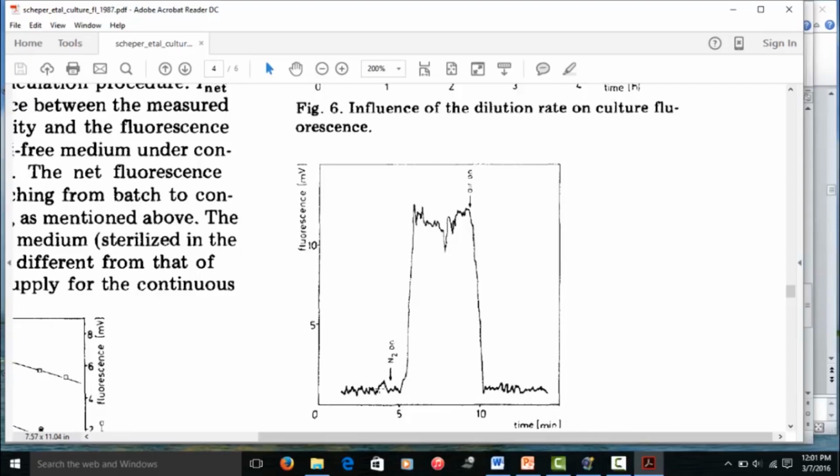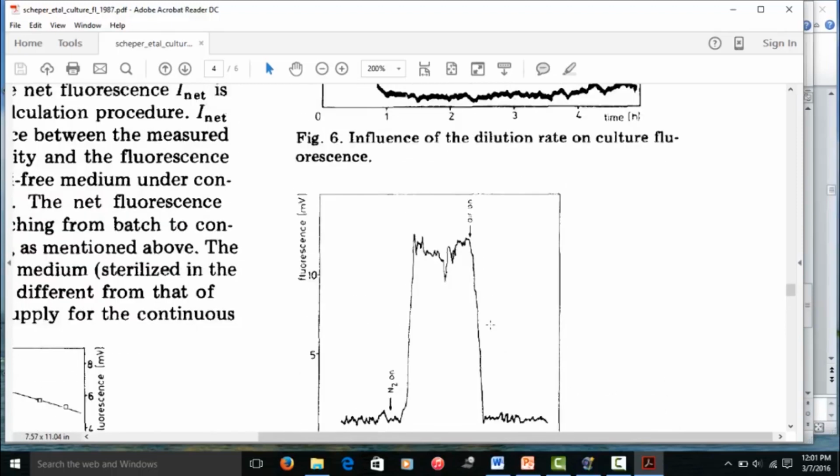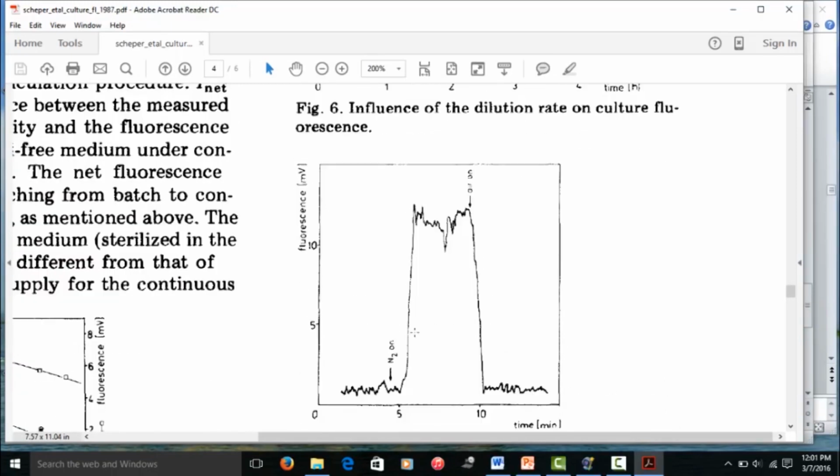The fluorescence was at a certain level when oxygen was used, when oxygen in air was employed. Okay, let us read the figure, figure 7 is what it says. Okay, that doesn't matter. You have culture fluorescence at a certain level.